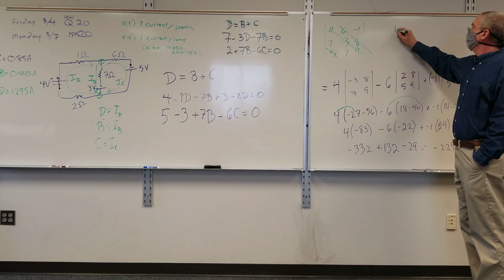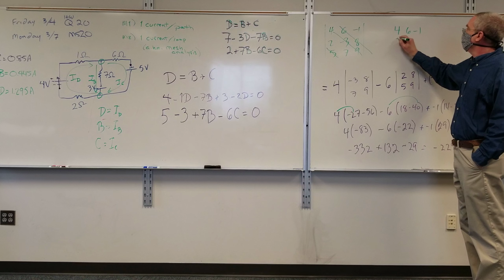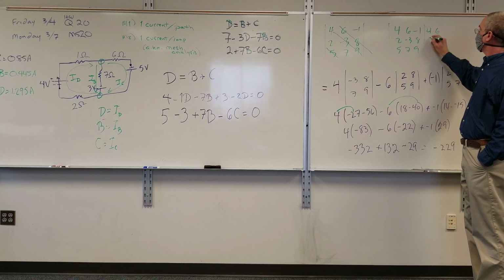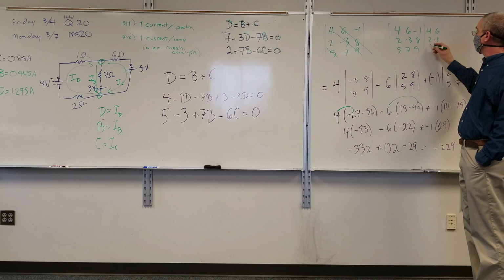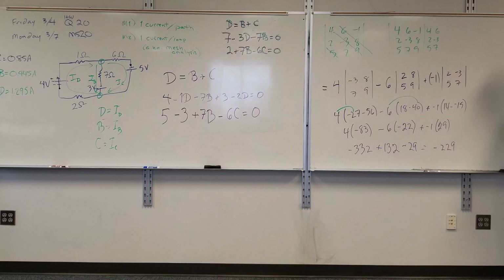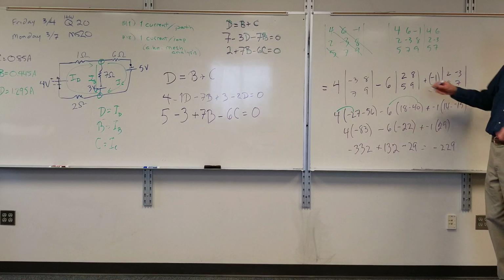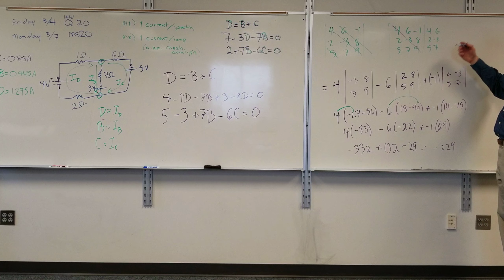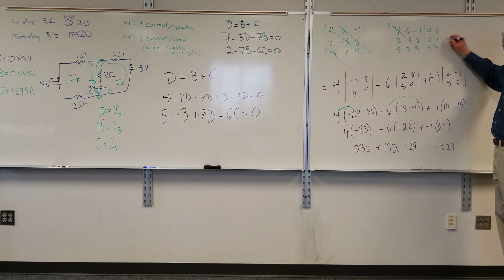Some people find it helpful to write 4, 6, negative 1, 2, negative 3, 8, 5, 7, 9, and just repeat the first 2 columns, 4, 2, 5, 6, negative 3, 7. And then I multiply those together. Let's go ahead and do that.